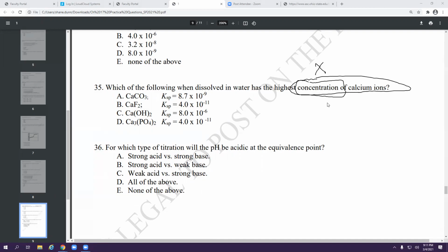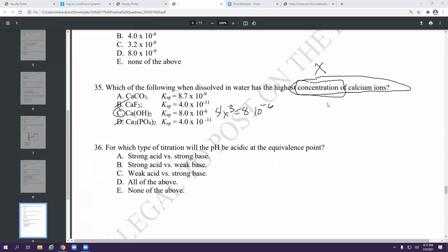So if you do it mathematically, the one that's going to be the highest is going to be C. That's because it is 4x to the third equals 8 times 10 to the negative 6 power. If you solve for x, it's the biggest one.